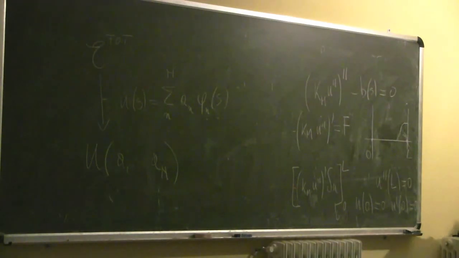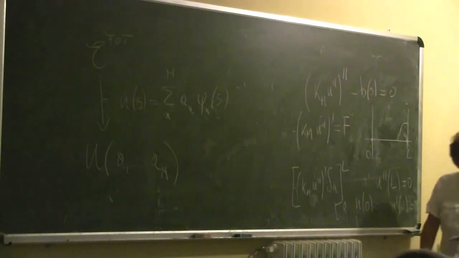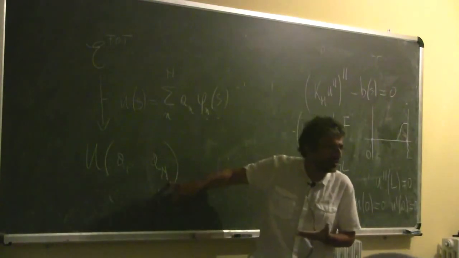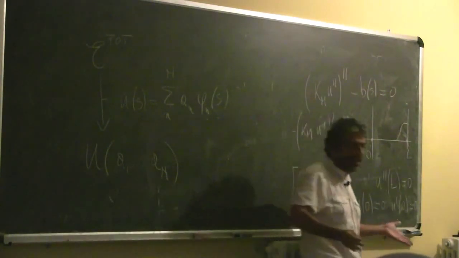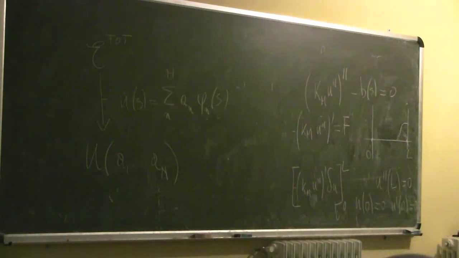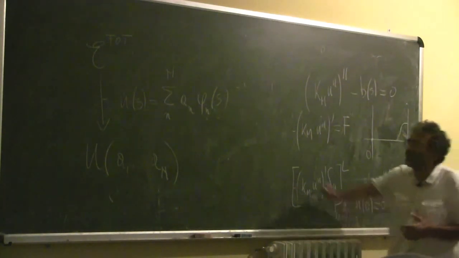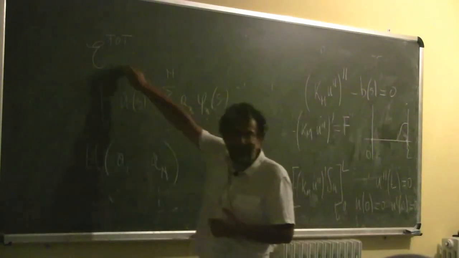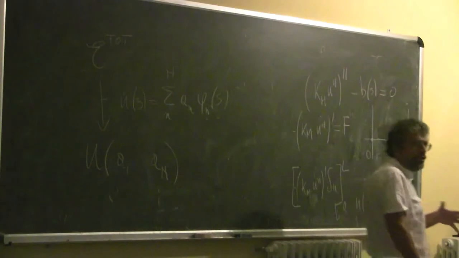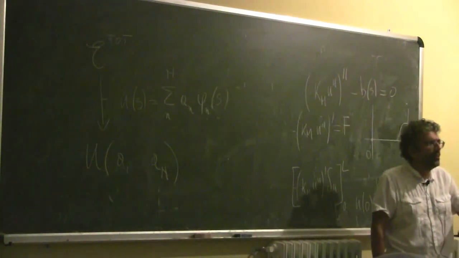I equate these partial derivatives to 0, and I get the equations for A1, A2, ..., AN. Okay? I don't need to think, because I simply replace this expression inside that. Okay?